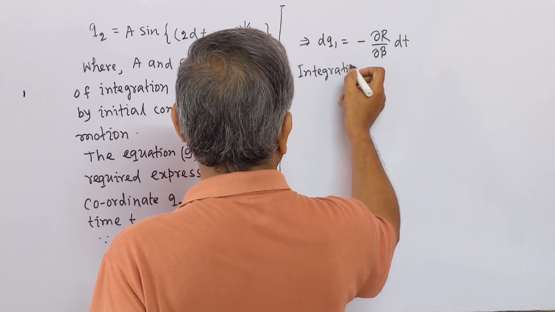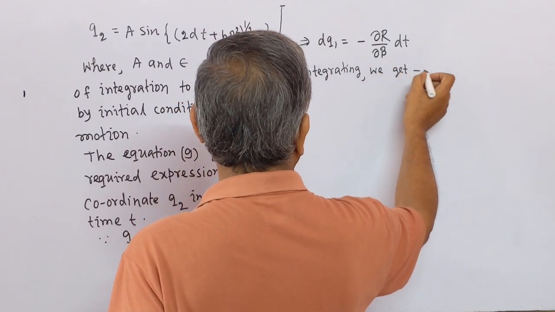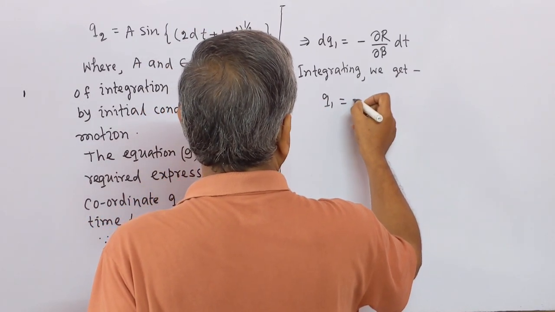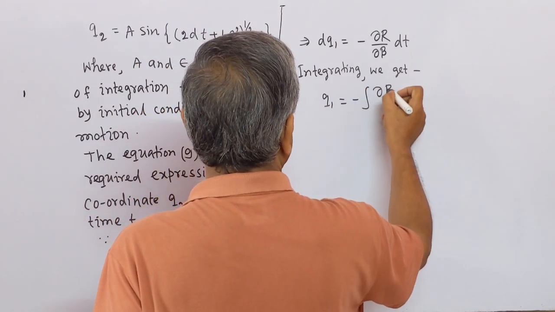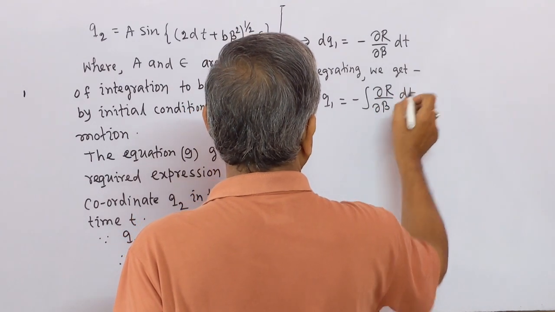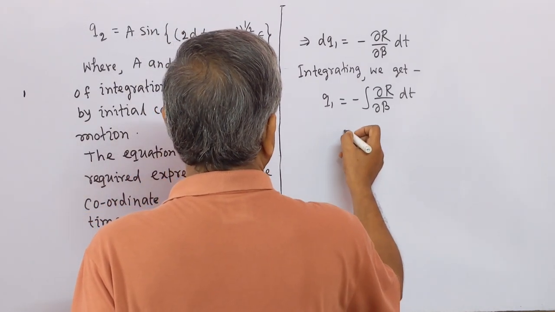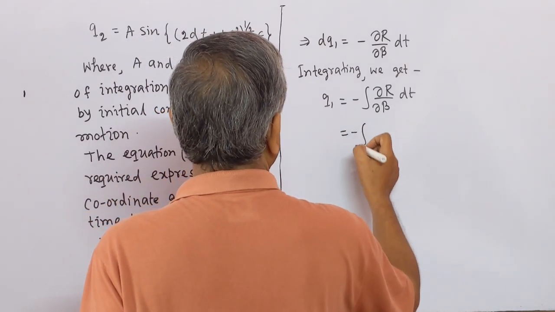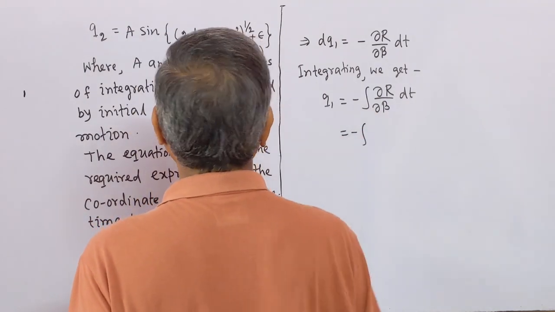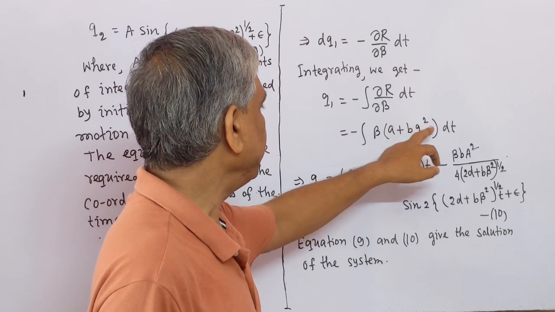Integrating, Q1 equals minus the integral of the partial derivative of R with respect to beta dt, which equals minus the integral of beta (A plus B Q2 square) dt.